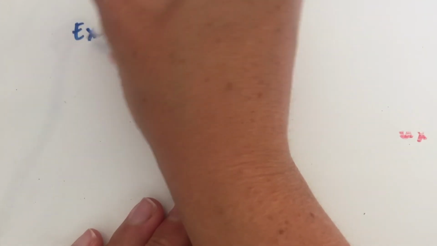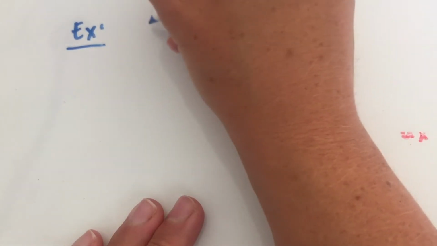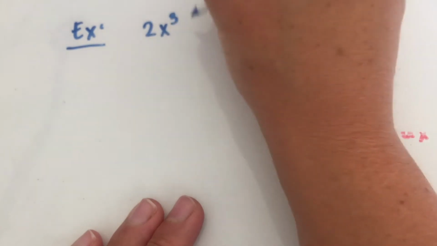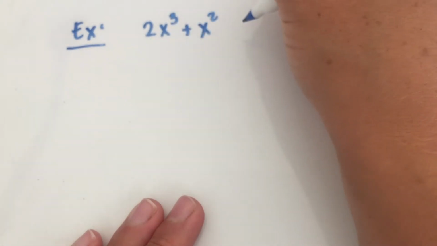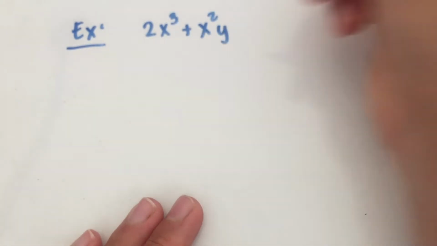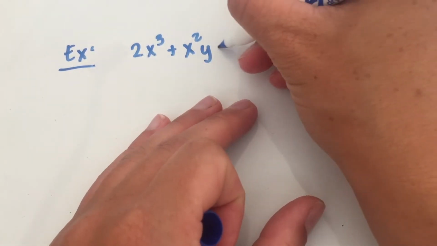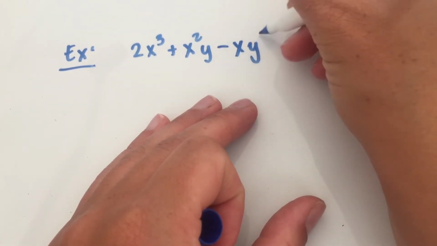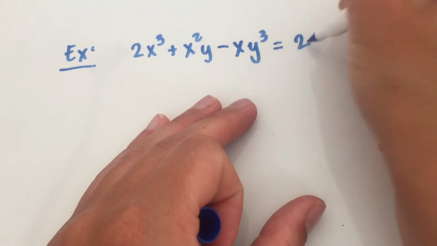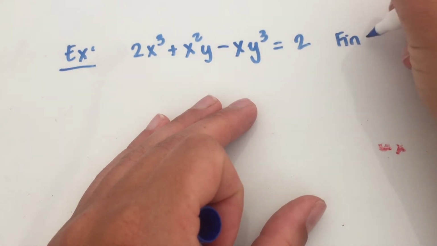For my next example, I have 2x cubed plus x squared times y minus x times y cubed equals 2, and we want to find dy over dx.